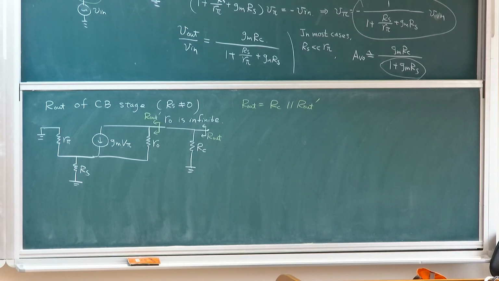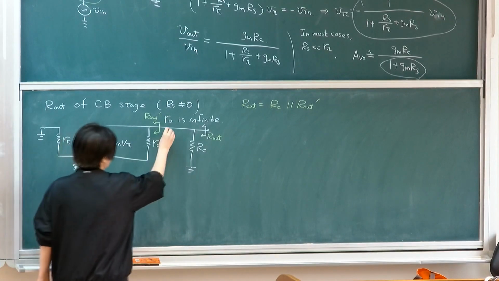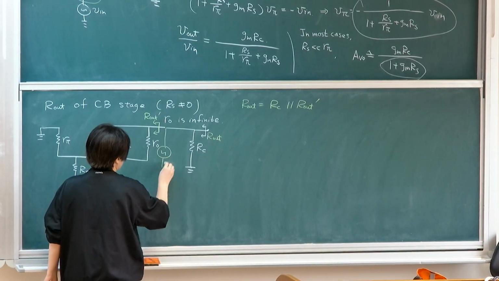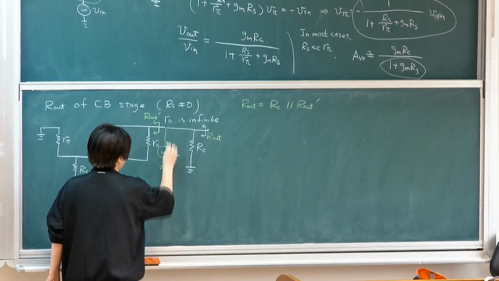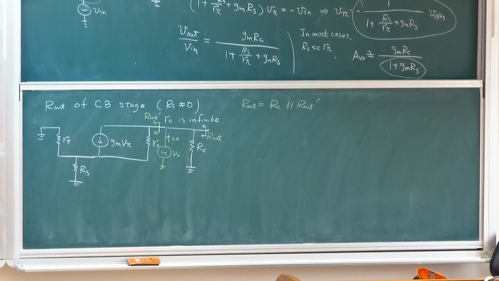So let's find out what RO prime is. If you look at this equivalent circuit, if I'm doing the testing, it will simply be Vx, Ix, right? I don't need to go through this again because this is identical to the analysis we did on common emitter degeneration.